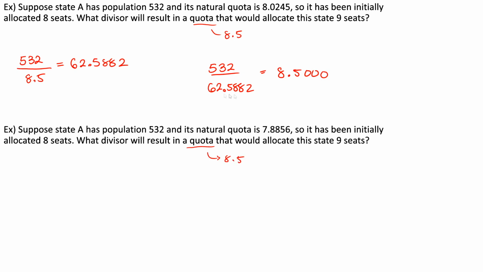It's going to be the same divisor that would work for this, but this divisor is probably going to differ significantly from whatever our natural divisor is. So again, it would be 532 divided by 8.5, because 7.8 already rounded up, would give us the same thing. And again, we can see over here, if we divide this population by this divisor, we would end up with a quota of 8.5, which rounds up to 9.